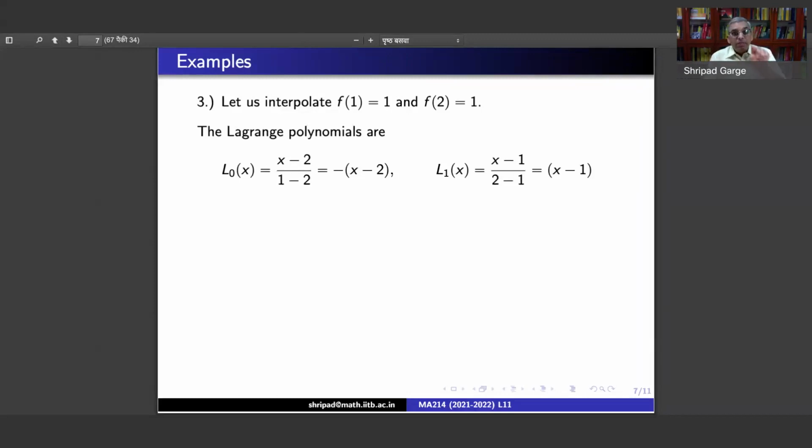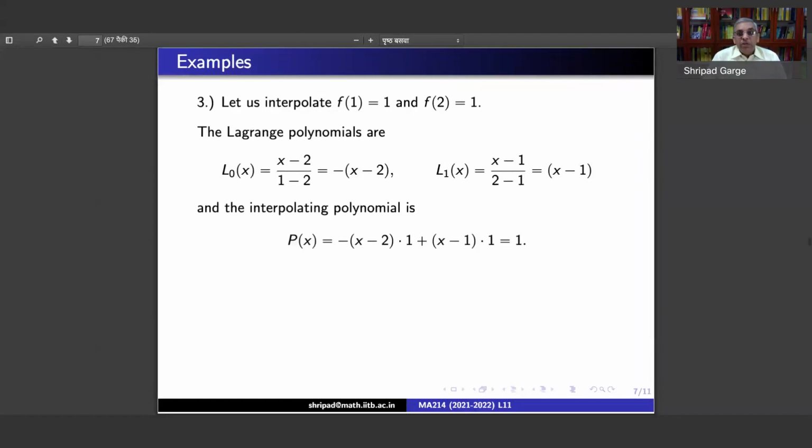But now we put the values y0 and y1, and the interpolating polynomial is the constant polynomial. Even before you compute the interpolating polynomial, we have two nodes, x0 equal to 1 and x1 equal to 2. And when you have two nodes, the polynomial will have degree less than or equal to 1.